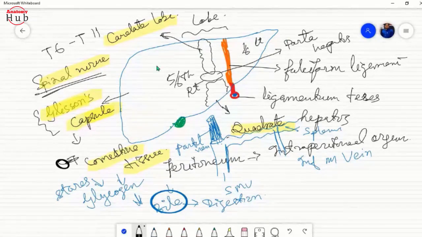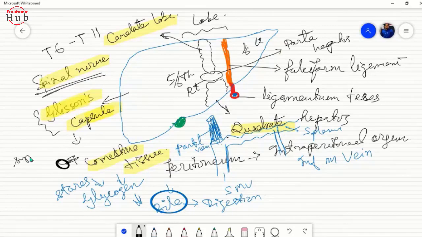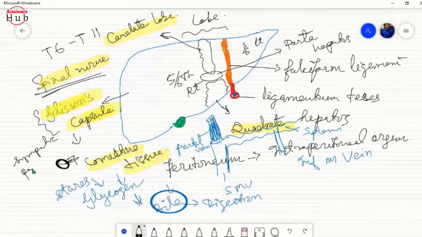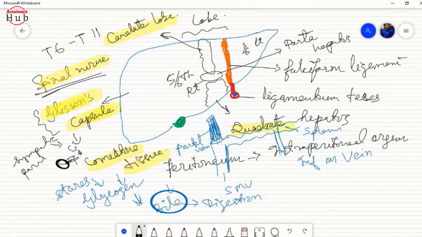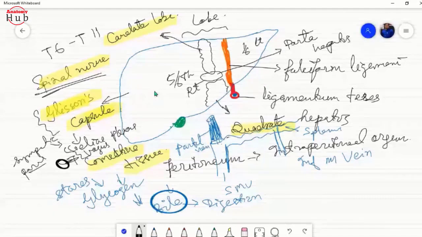But the liver itself is not pain sensitive, because it is innervated by the sympathetic and the parasympathetic nerves, right? The sympathetic nerve will come from the celiac plexus, and the parasympathetic will come from the vagus nerve. How they are coming, we will study at the end of the lecture. Clear? Oh, yes, sir. Okay.